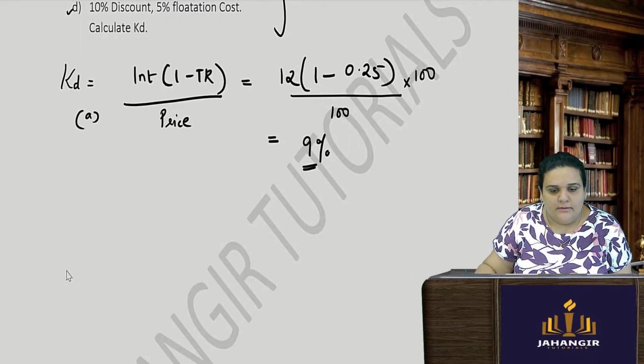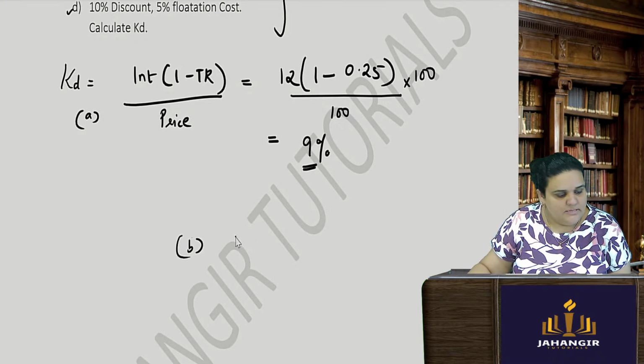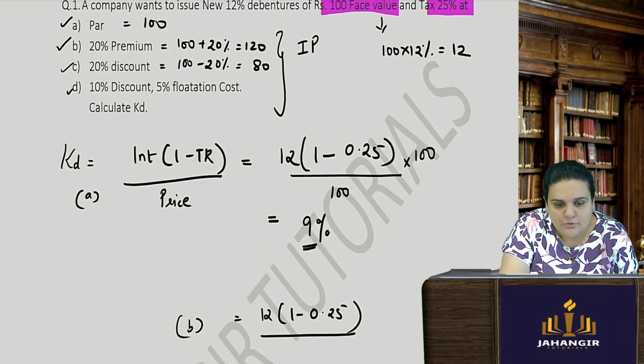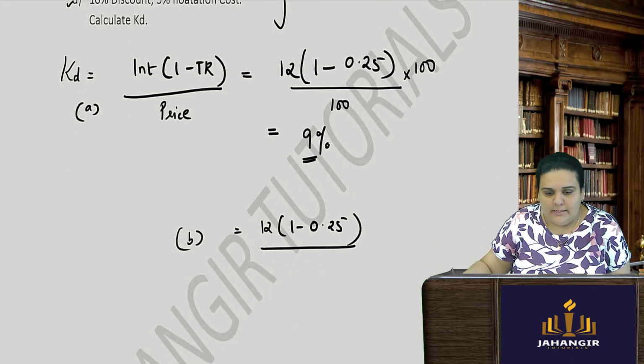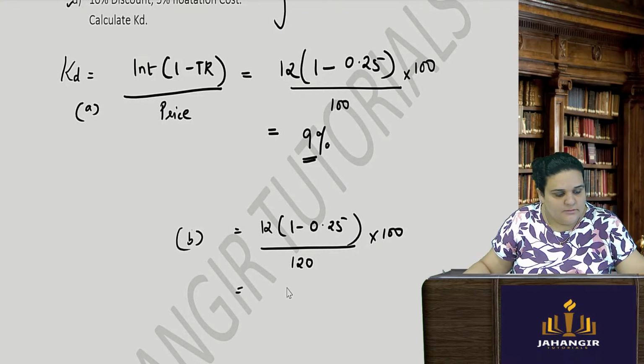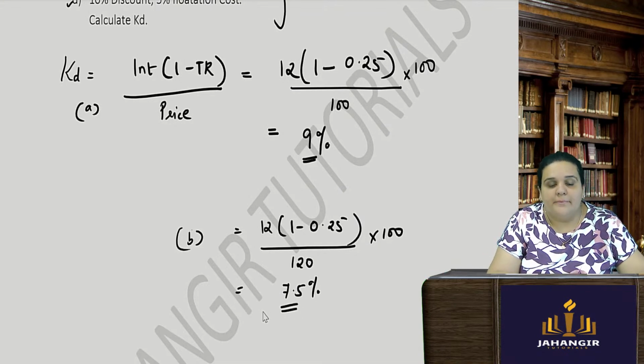This was A. Now B. Same thing on top: 12 into 1 minus 0.25. But the price here is going to change. It is at a premium, so 120, into 100. When you calculate this, it comes to 7.5% cost of debenture.